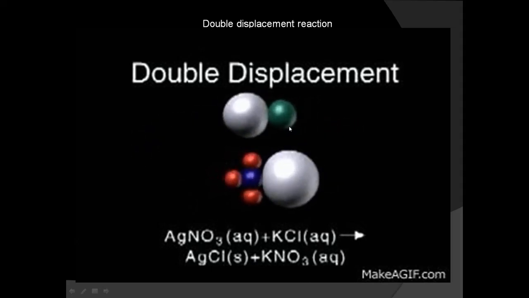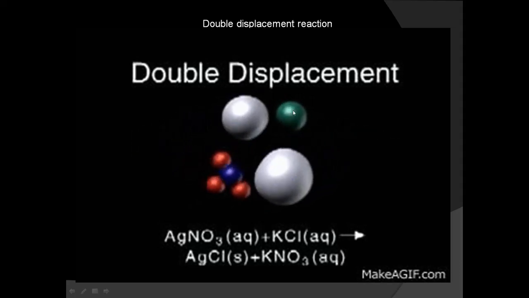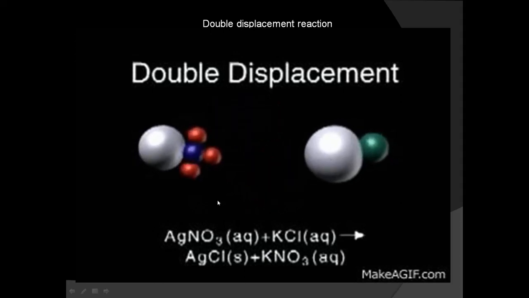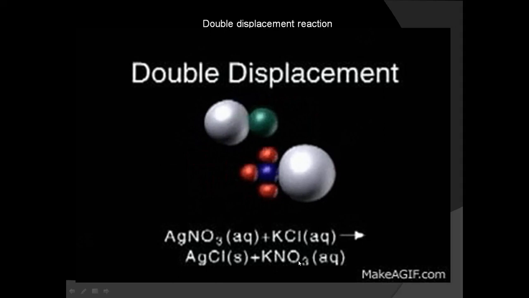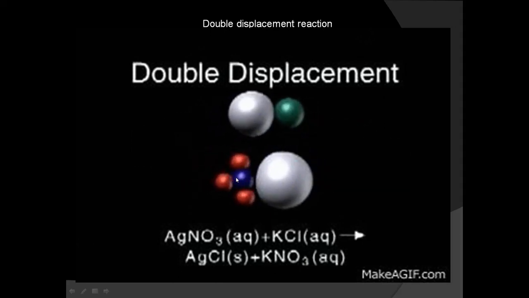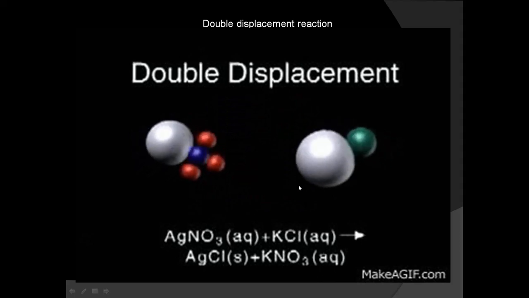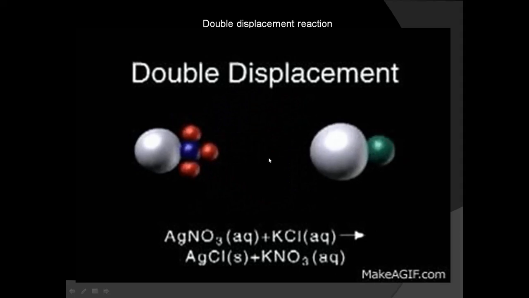Here chlorine is leaving this and combining with silver, forming silver chloride, and potassium is combining with nitrate, forming potassium nitrate. So this is an example of a double displacement reaction.